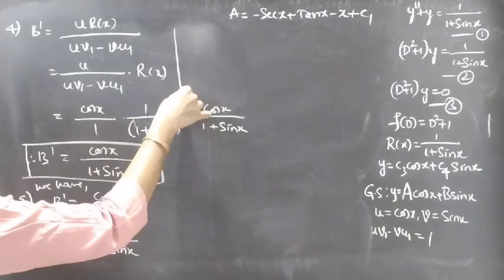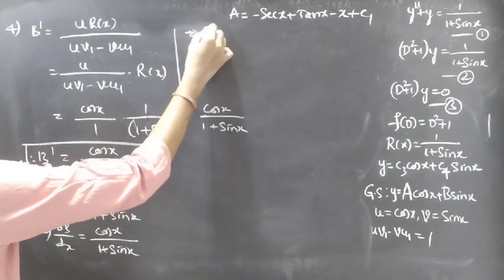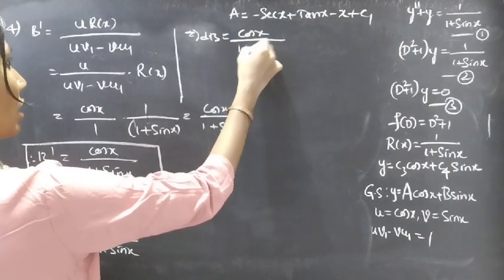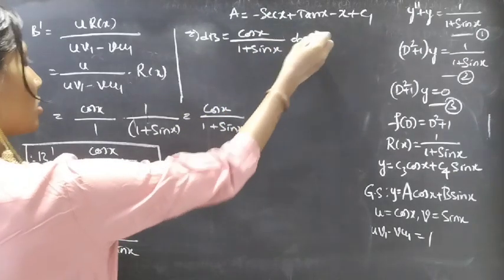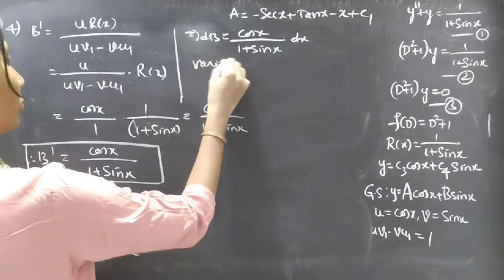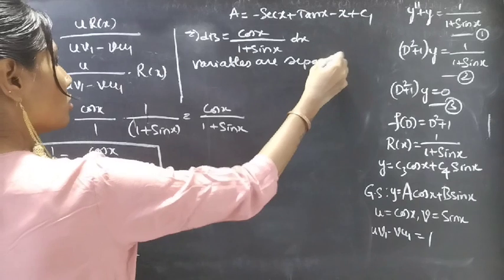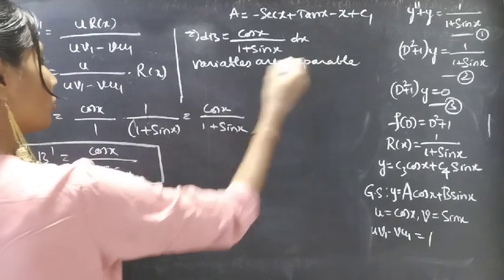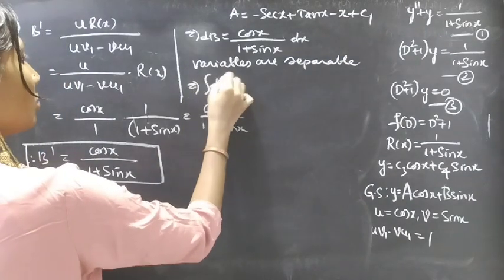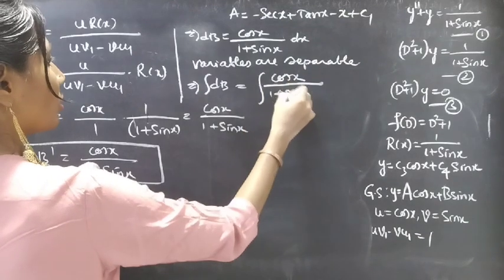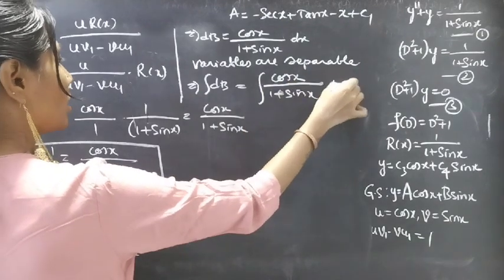Then we'll get dB equals cos x by 1 plus sin x into dx. Here the variables are separable, so let's perform integration. Integral dB equals integral cos x by 1 plus sin x into dx.